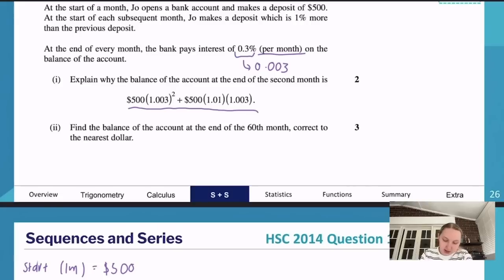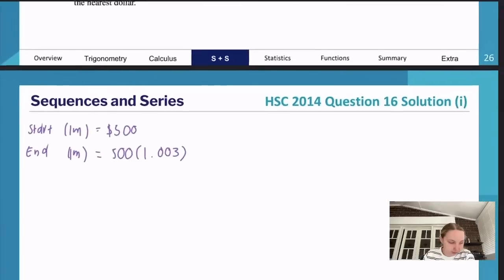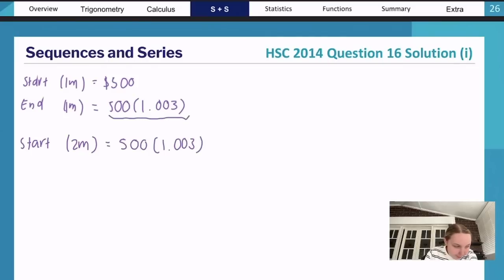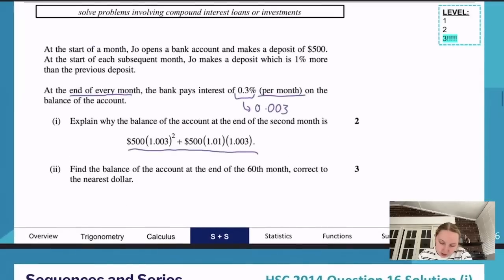Okay, and it's at the end of the month that the bank pays interest. So then at the start of the second month, we've got 500 times 1.003, so that's what we've got here, plus the 500 times 0.01, right?